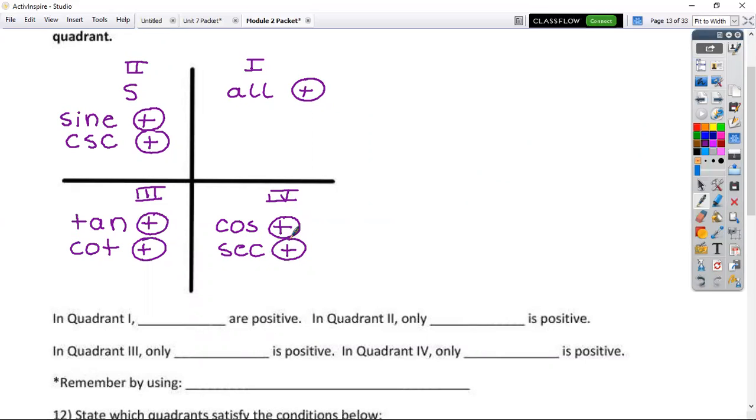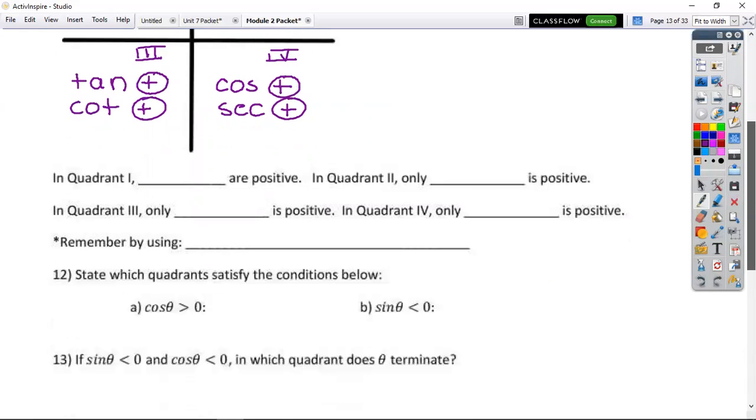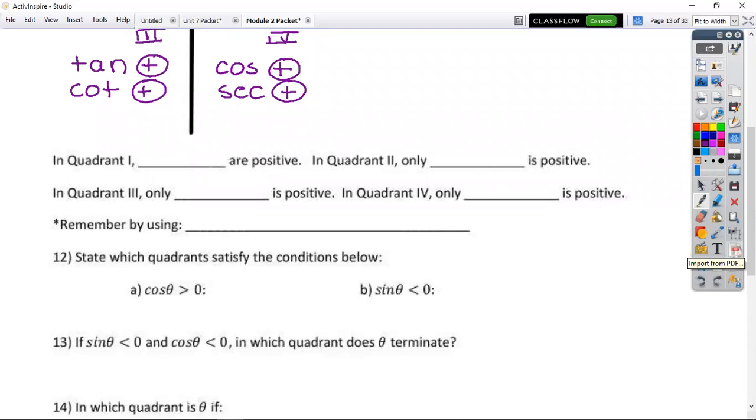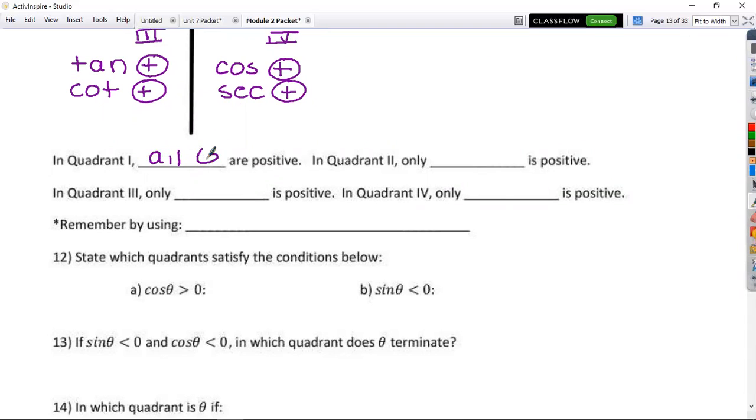Okay. So in quadrant 1, we said that they are all positive. And again, I'm adding the reciprocals in just so that you work with those as much as possible. In quadrant 2, only sine and its reciprocal.